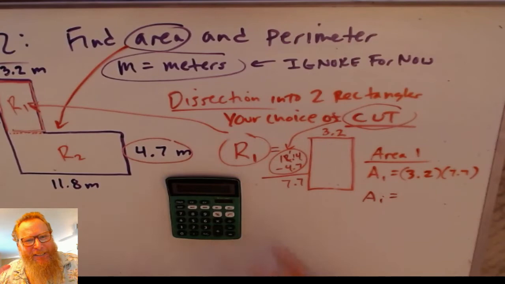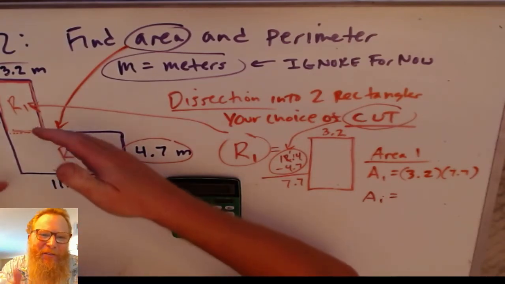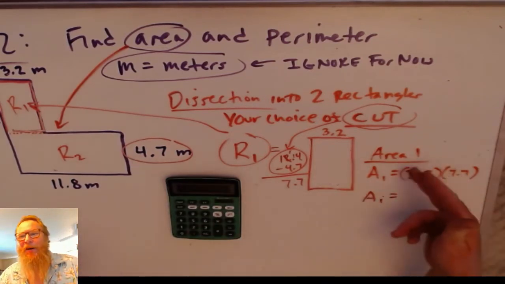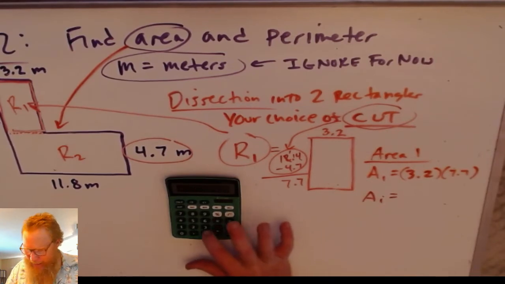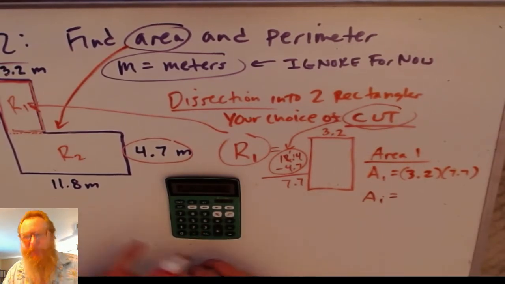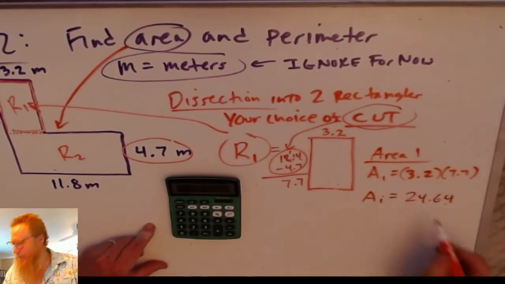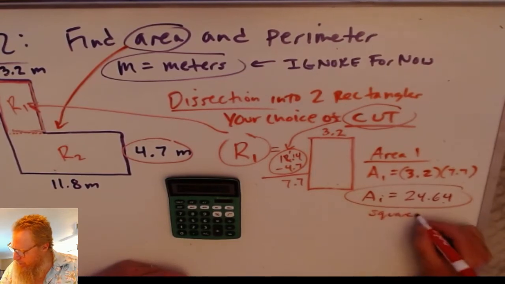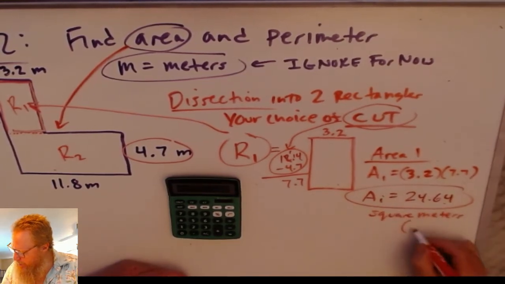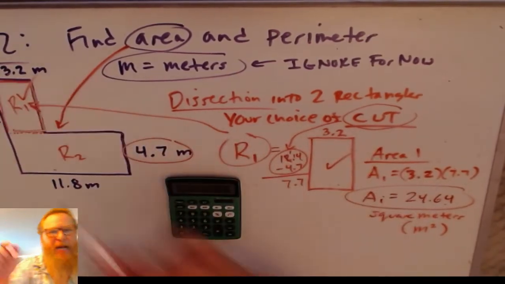The main thing is that what I'm really testing you on here is not the math anymore. I'm testing you on the geometric thinking. So I'm going to allow a calculator on this one. 7.7 times 3.2. It also makes my lecture a little shorter. 24.64. That's your area 1. And that's going to be square meters, also known as m to the 2nd power. All right, check, that one's done.